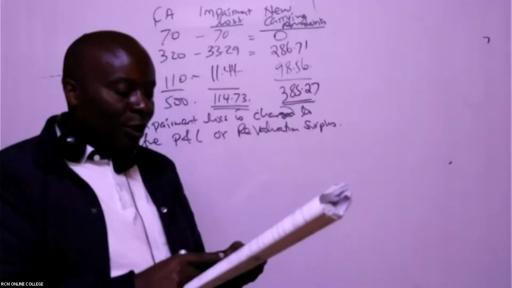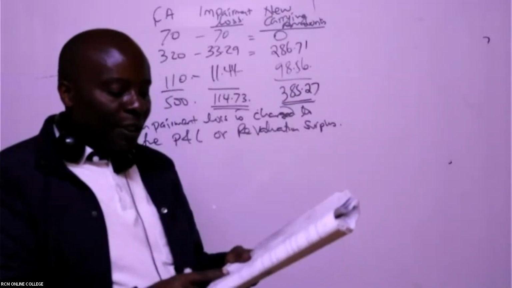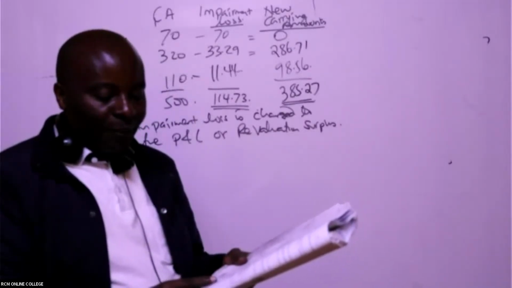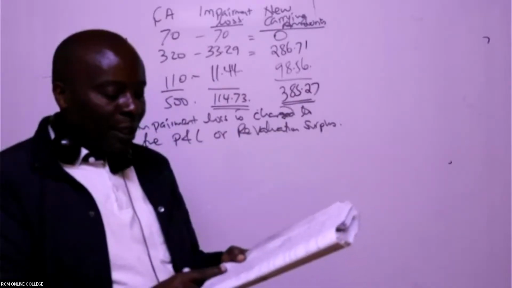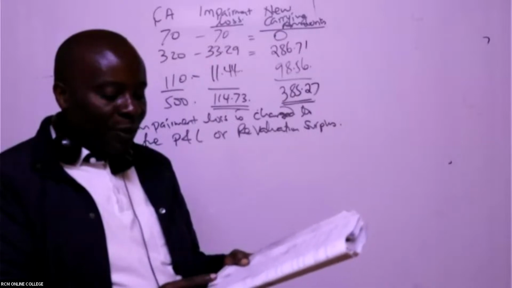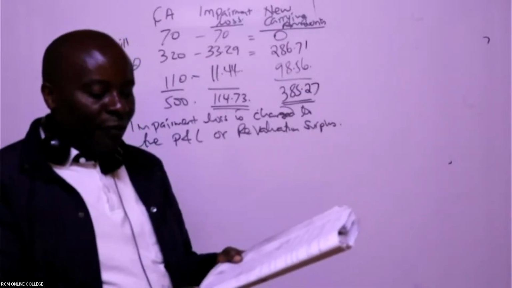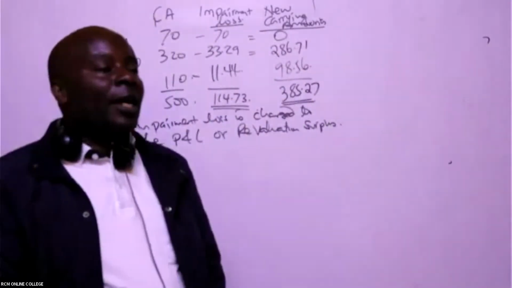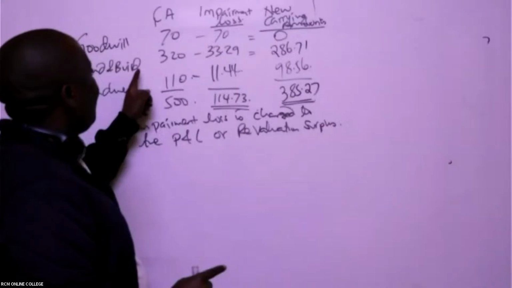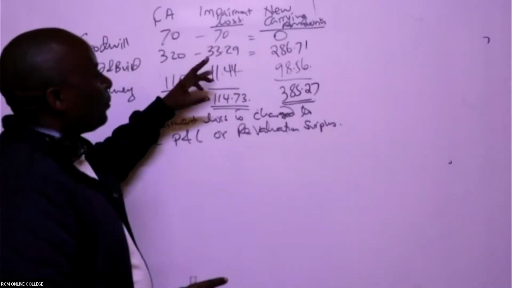If you look at note number 2, the land and buildings are carried at a revaluation. The surplus relating to the revaluation of the land and buildings that remains in the revaluation surplus reserve as at this date is 65. So fortunately, that 65 can cover our land and buildings impairment loss.